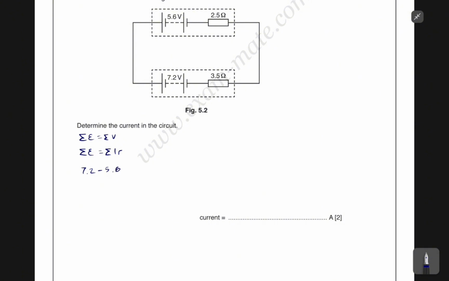And we know that we have 3.5 I plus 2.5 I. 7.2 minus 5.6 is equal to 1.6, and then it's going to be 6I. To divide it, and then we got 0.27.